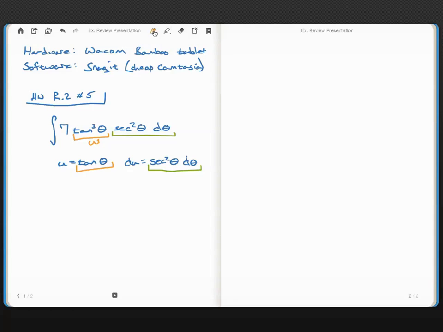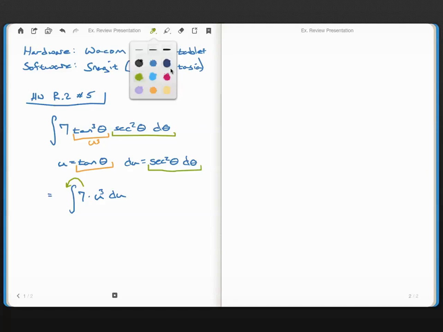So I can rewrite this integral as, I guess I'm doing it in blue, equals the integral of 7 times u cubed du, right? Well, that works out pretty nicely. I'm going to bring the constant out front, so I like to do happy things in green, get the constant out of there.